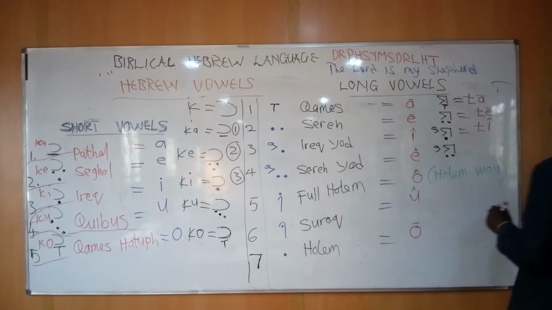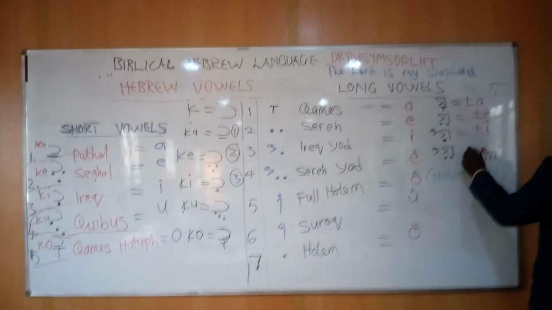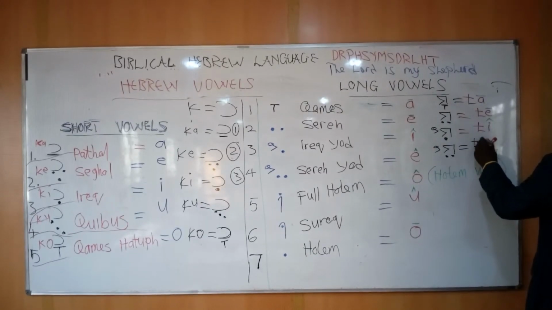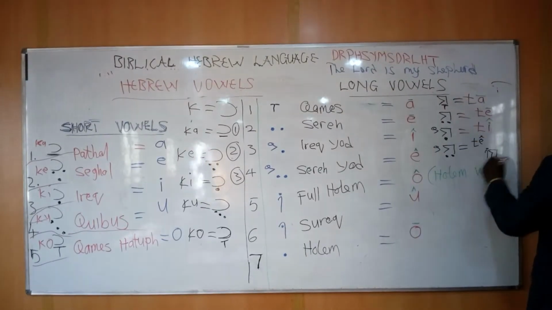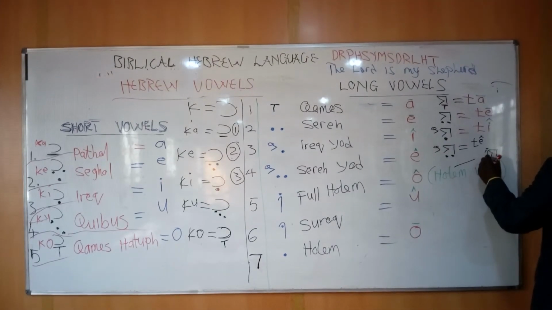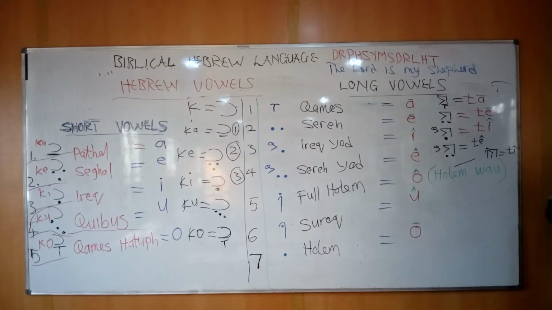In case of full olem, when you have tau, it stands this way. This one is T, long.